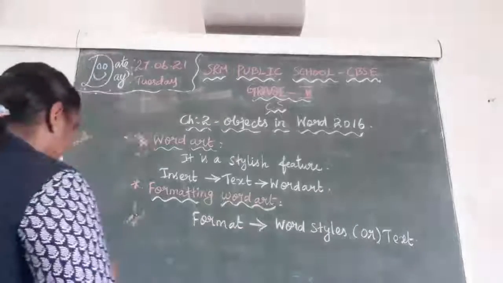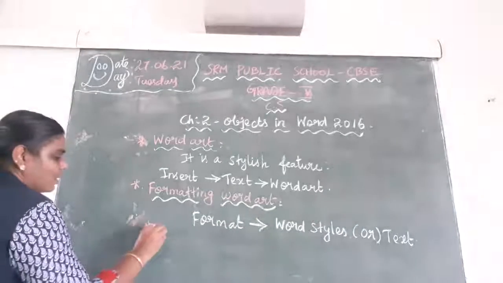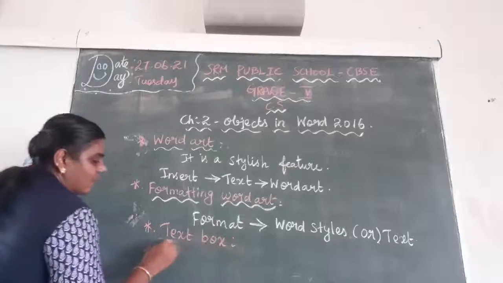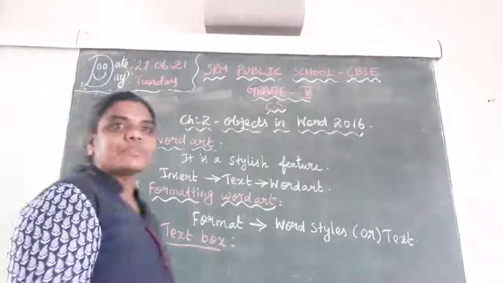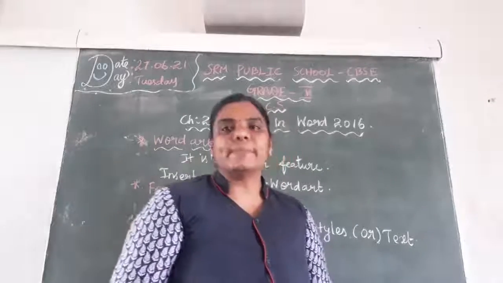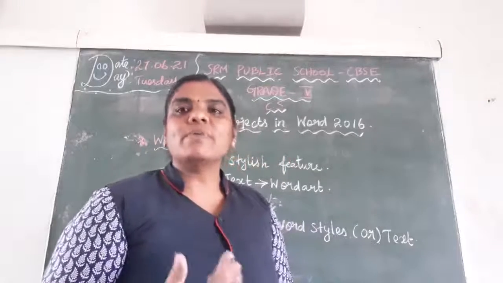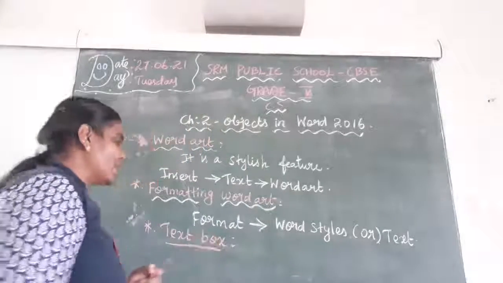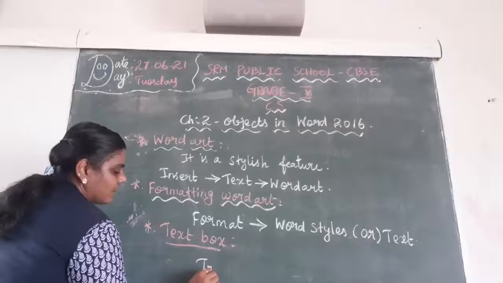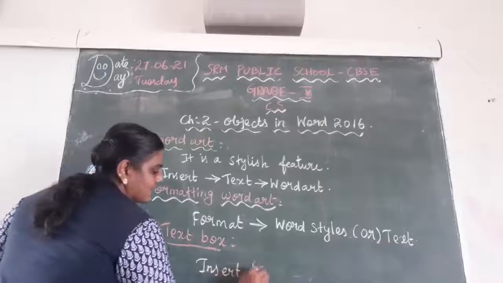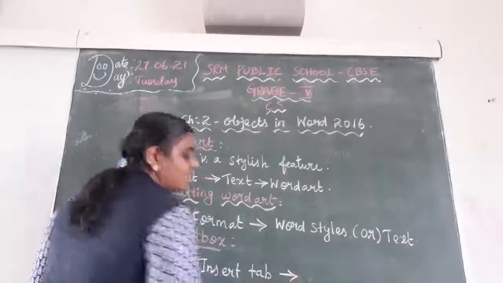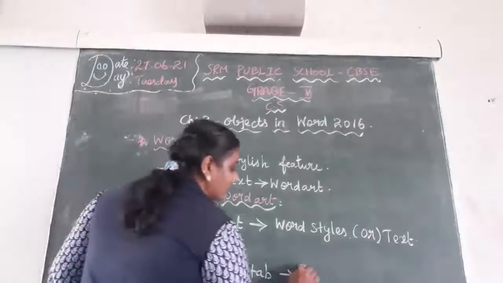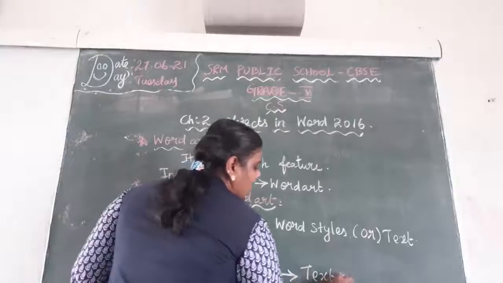Understand dears? Next one, text box. What is the use of text box? To type the text, right? How we can insert the text box? The text box option is available on the insert tab. In this insert tab we can go to text group. Which group?